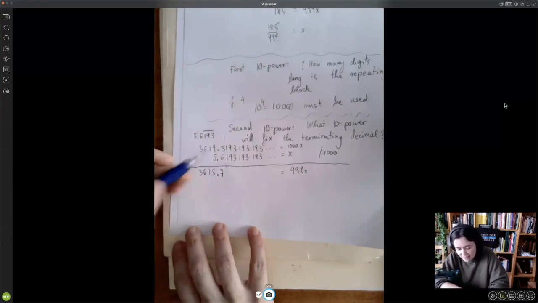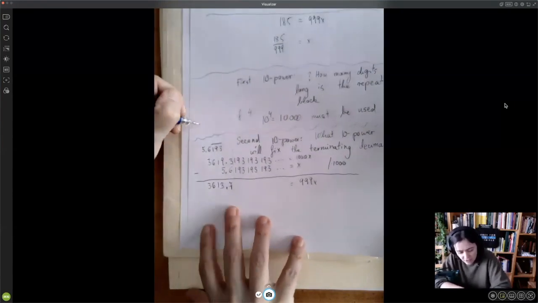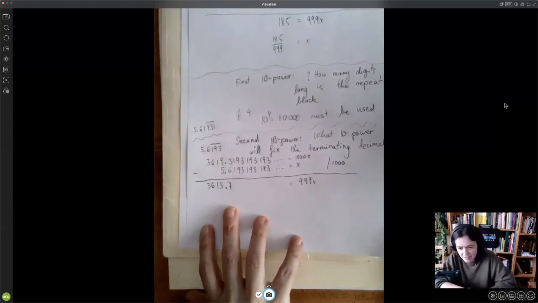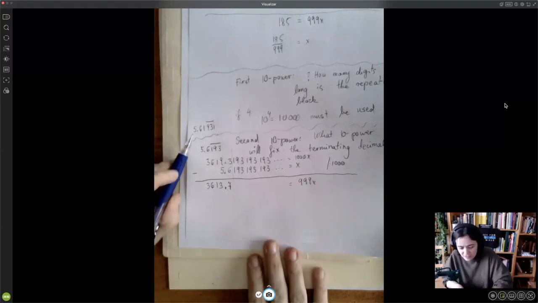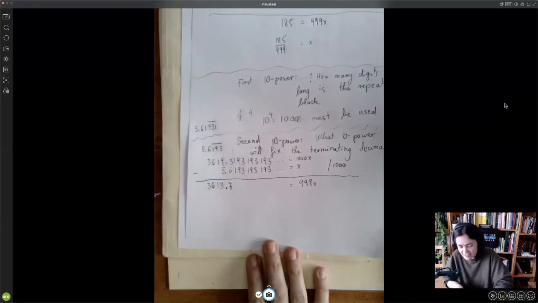But actually, to be completely honest with you, we could rewrite even this one as 5.61931931931. So with this bar notation, the decimal presentation is not exactly unique, as long as you get the same thing if you read it out. 5.6193193193193, we get the same thing.